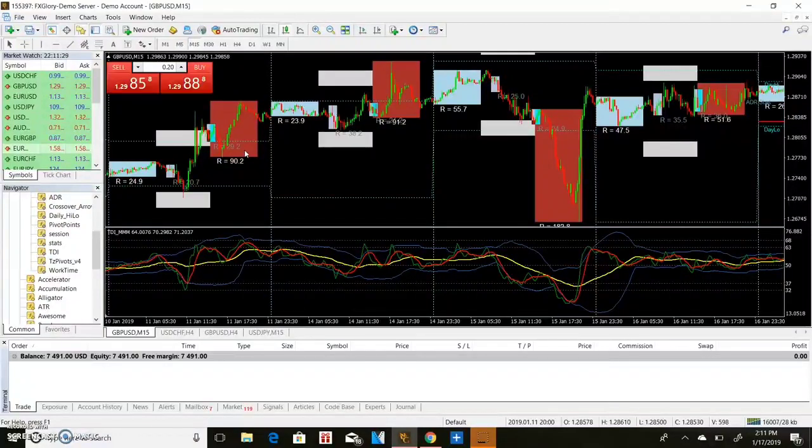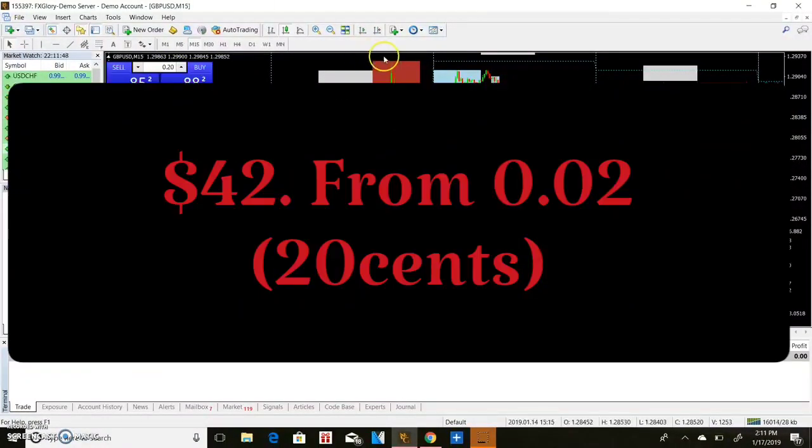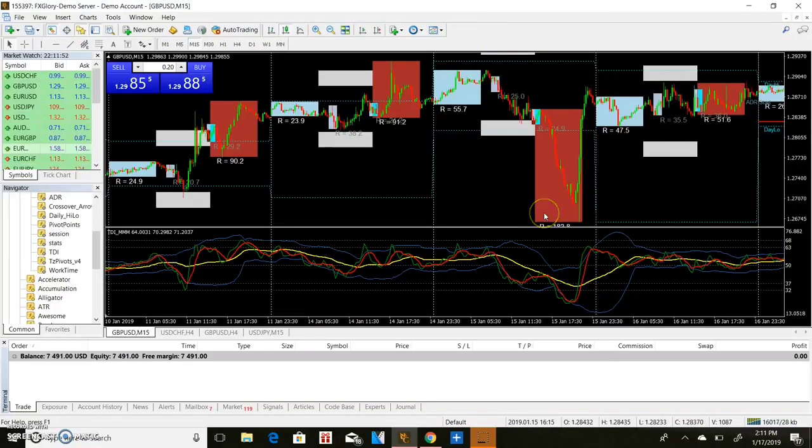So I'm putting this in my calculator. I don't feel like doing math right now. So basically from here to here, you would have made around $42 off of 20 cent. Which is crazy.